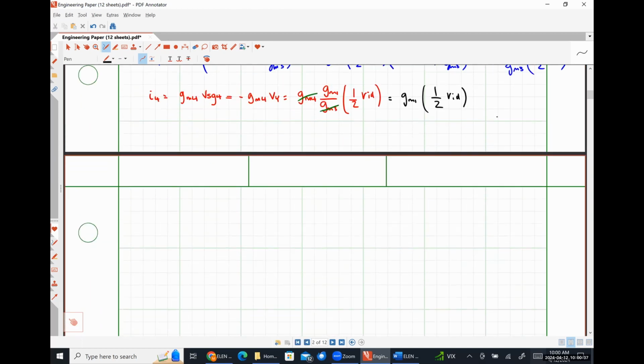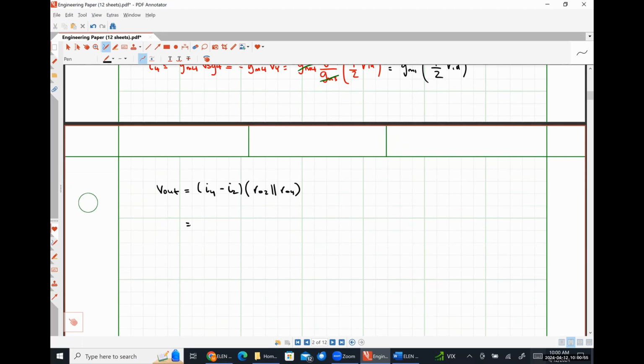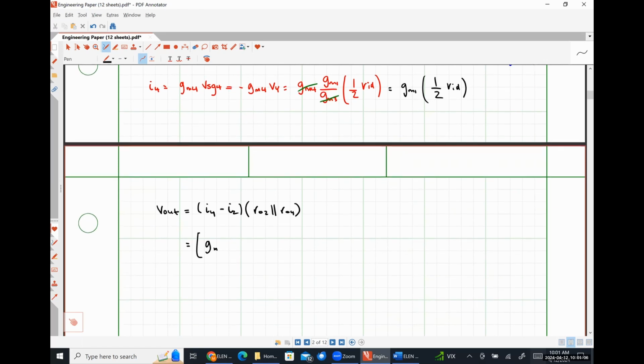So our output voltage is I4 minus I2 times R02 in parallel with R04, which is going to come out to be GM1 times half VID minus, sorry, GM2 times negative half VID, times R02 in parallel with R04.